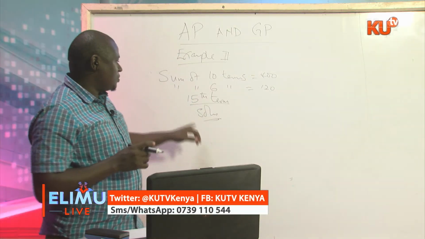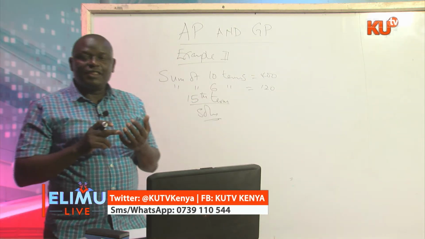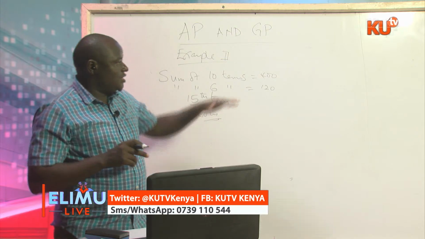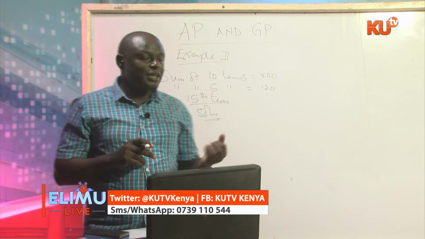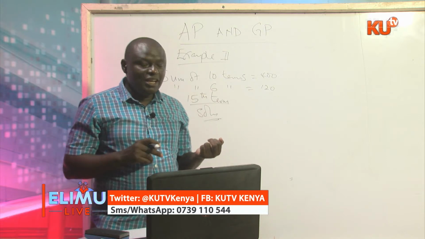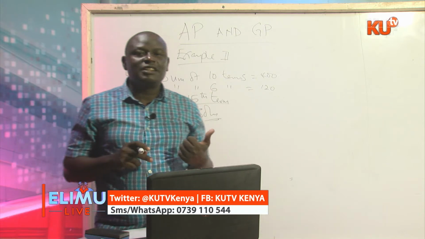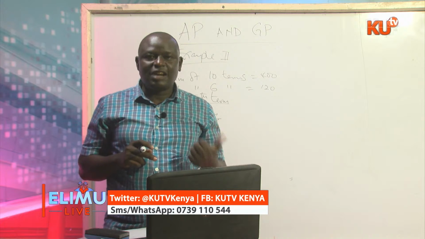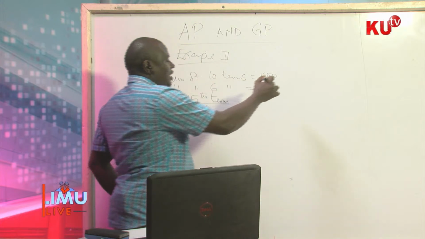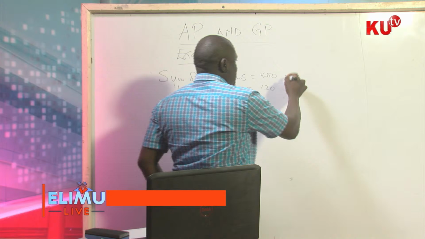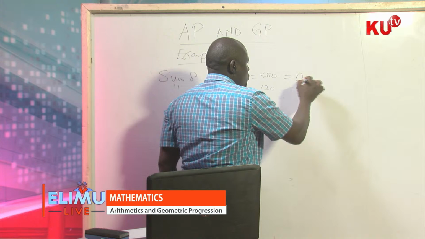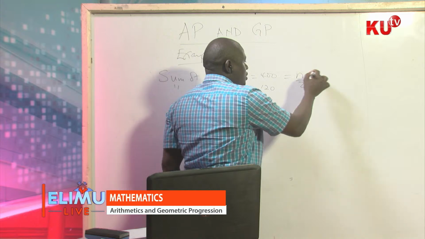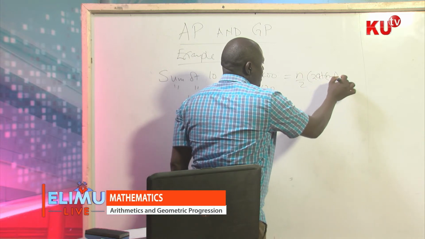Now, in our solution, this is what we are going to do. We have been given the sum of the first 10 as 400. We are given the sum of the first 6 terms as 120. How was the sum of the first 10 terms found? Sn is n over 2 into bracket 2a plus n minus 1 into bracket d.